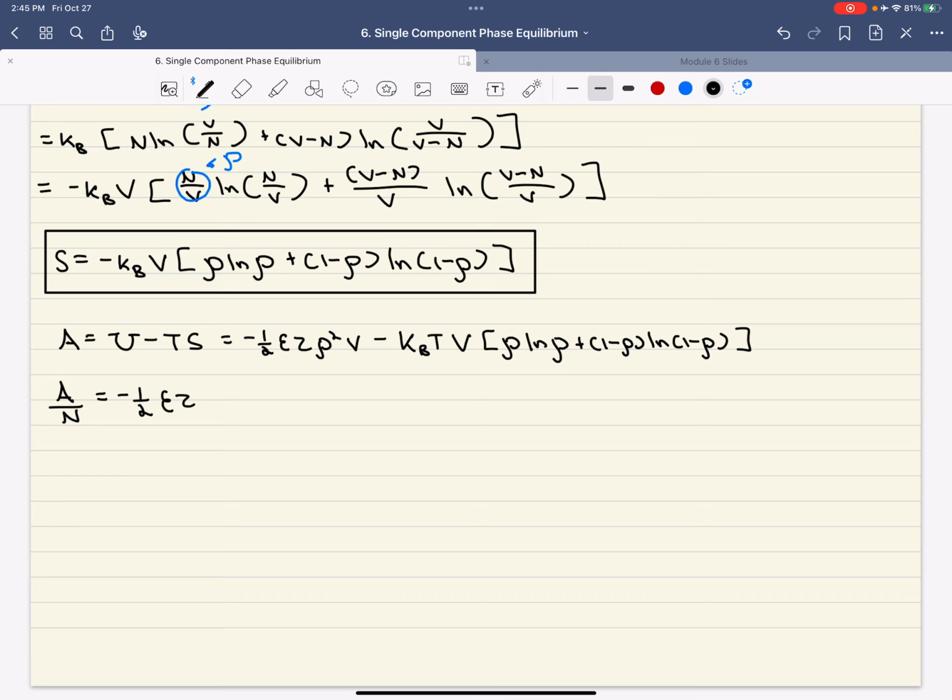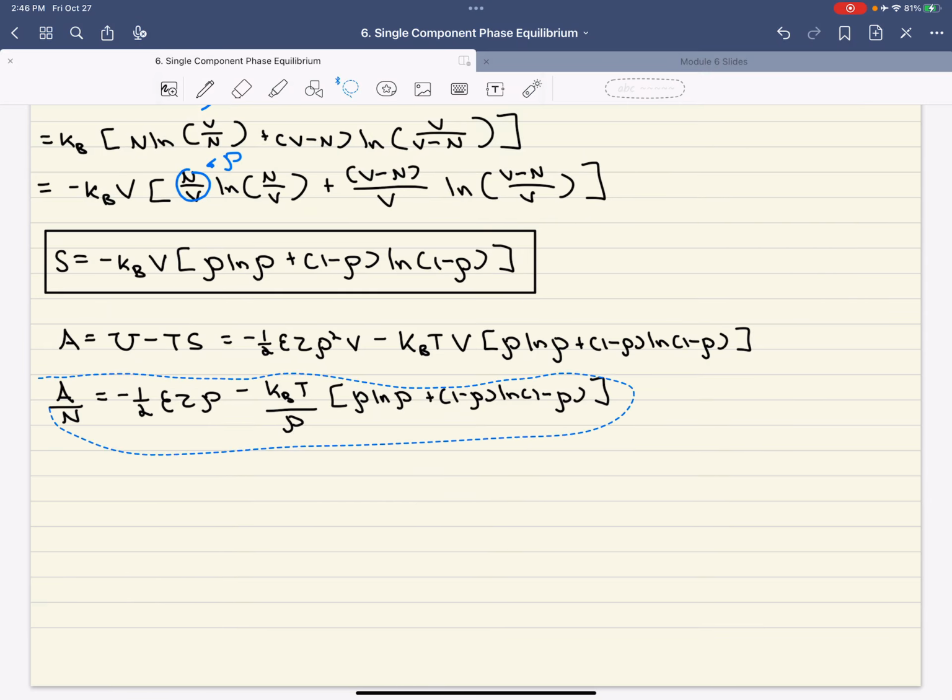And notice now this is just a single rho here. Minus kBT divided by rho, and then rho ln of rho plus 1 minus rho ln of 1 minus rho. Okay, and so this is our expression for the Helmholtz energy.